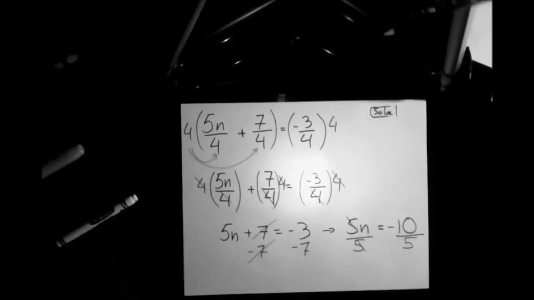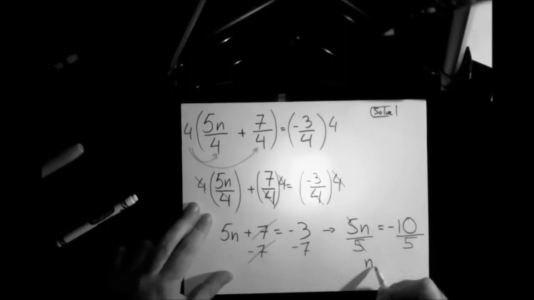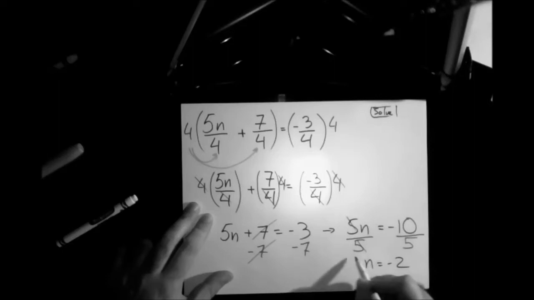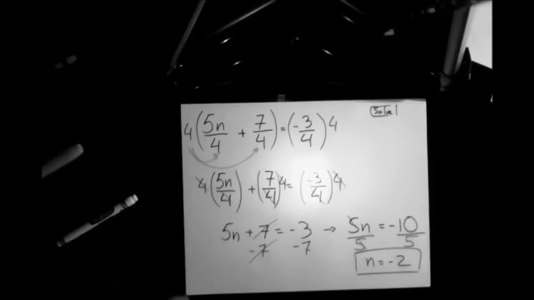Gone, gone. Or simplify to 1, so there's a 1 in there, but again, identity property. -10 divided by 5 is -2. And that's it. We have n equals something, so we solved it.